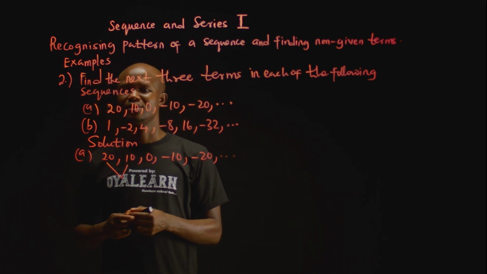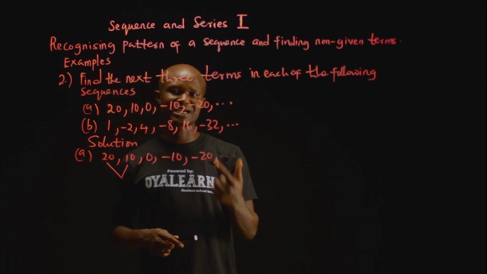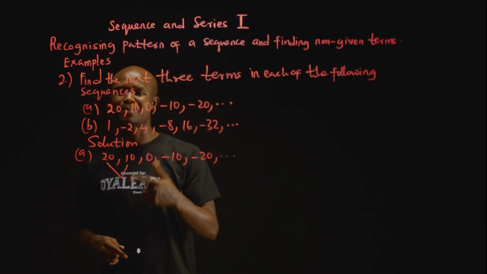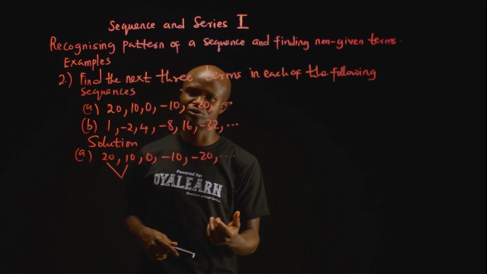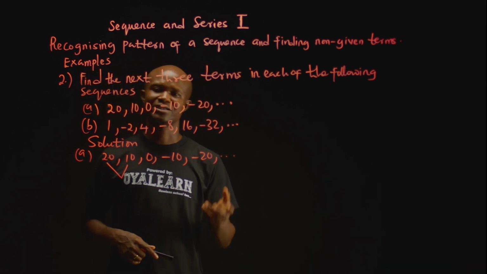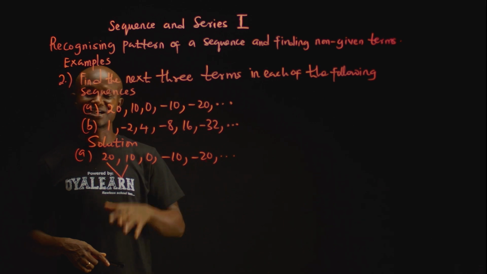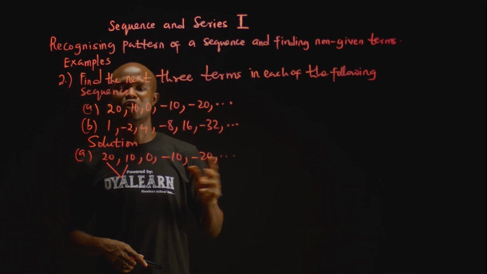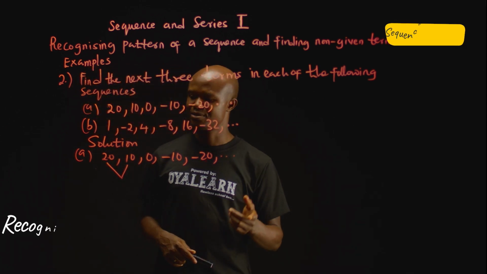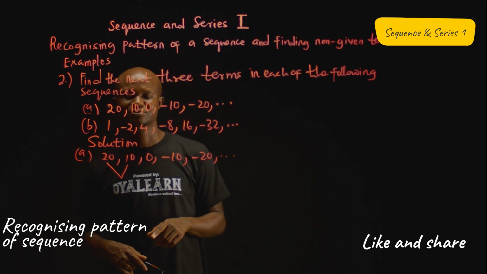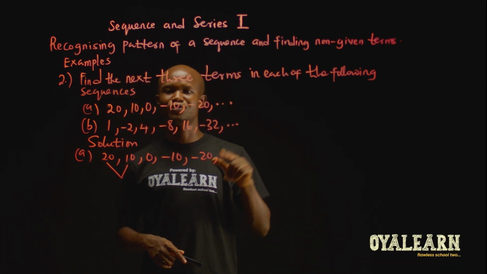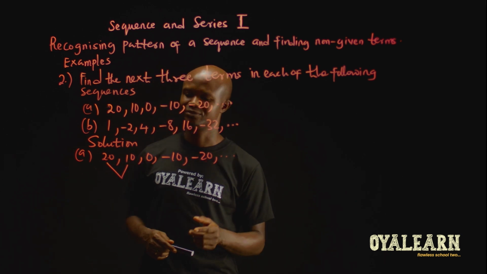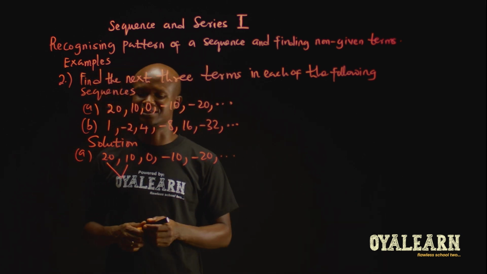But when you want to get the pattern of that particular sequence, what do you need to do? Don't forget to look at the second term minus first term, or third term minus second term. We can also consider fourth term minus third term, just to study the pattern.